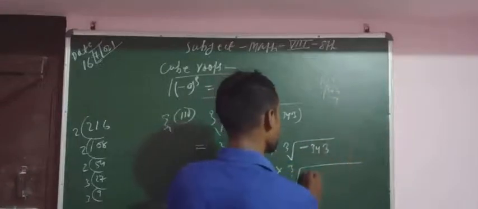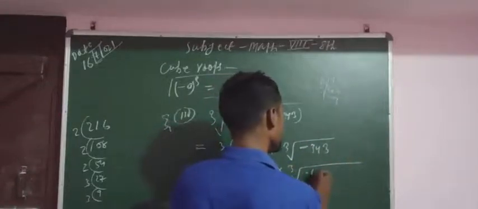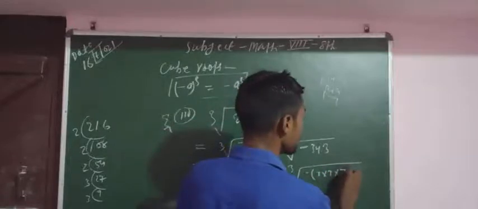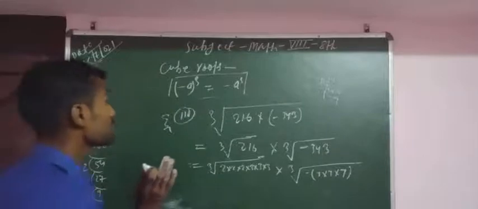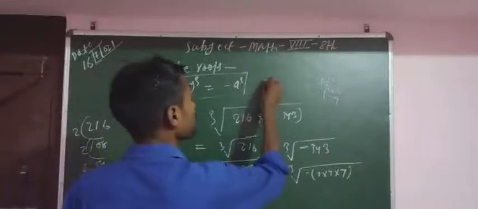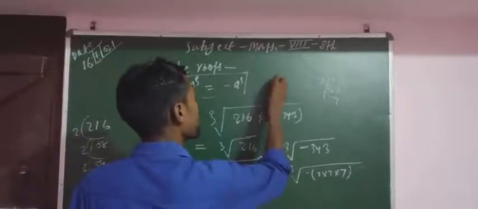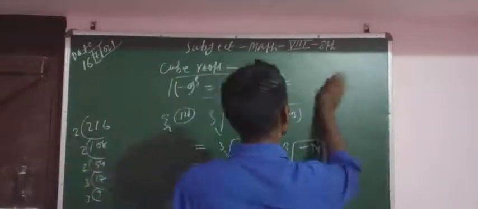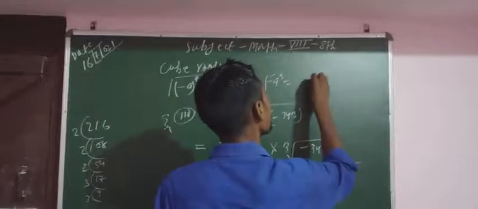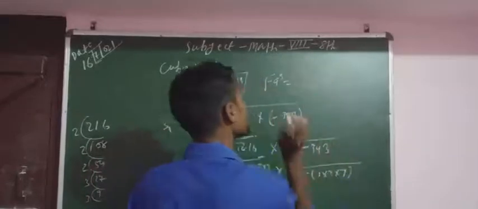So that means minus 7 into 7 into 7. So as per the formula, suppose that cube root of minus a equals minus cube root of a, this way.